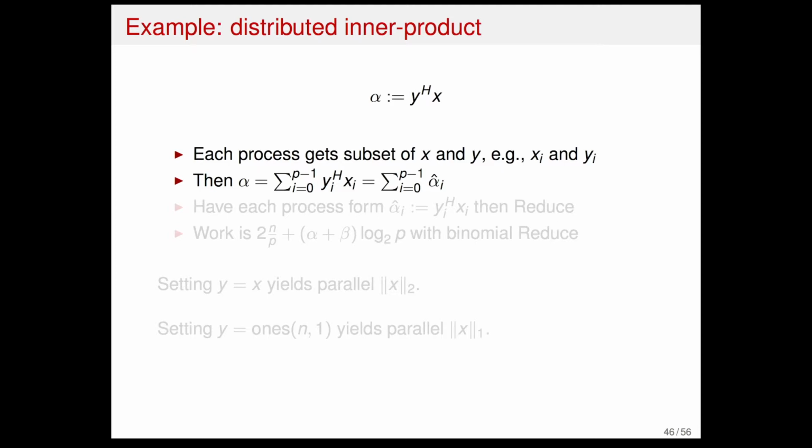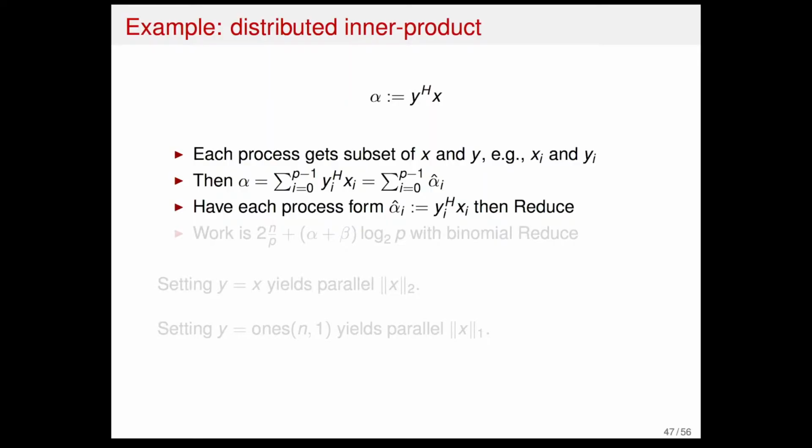The first step of the algorithm would be for process i to perform the inner product of its portion of y with its portion of x, and to store that in some scalar, say alpha sub i. After this, you could then perform a reduce on this single scalar that each process would have a different value for, and then give the result to a single process.